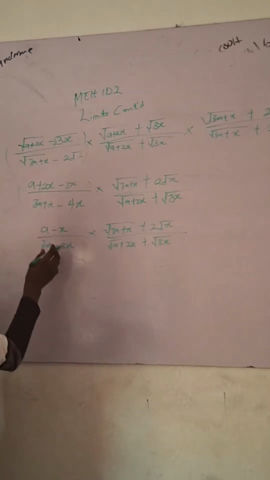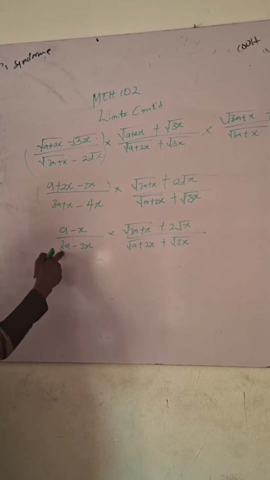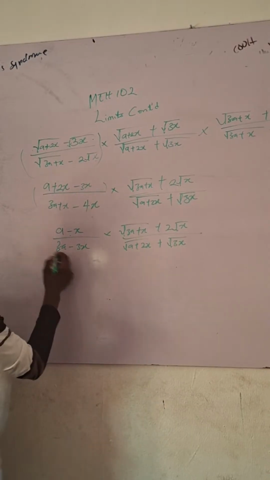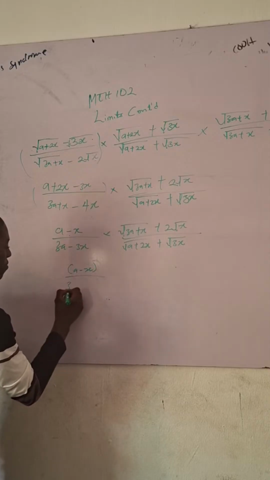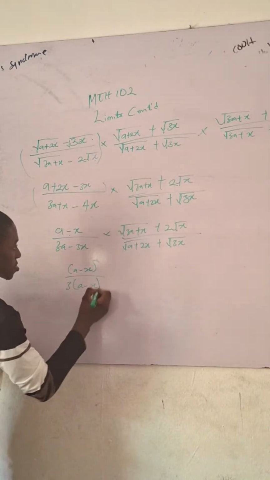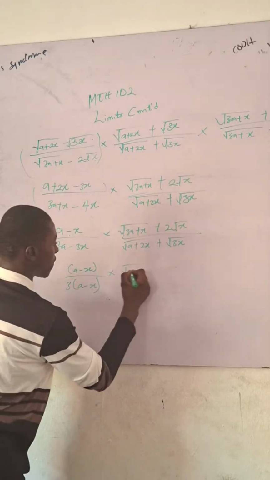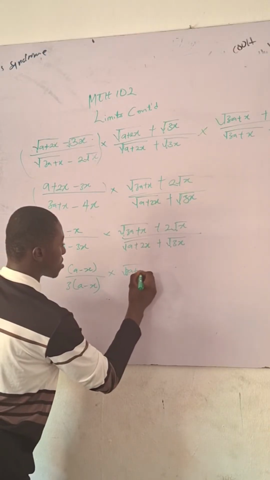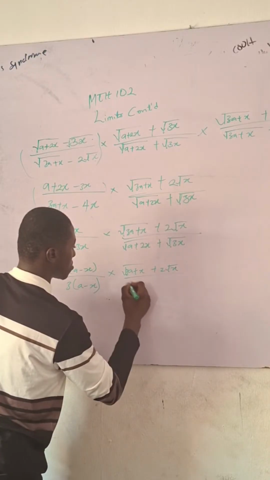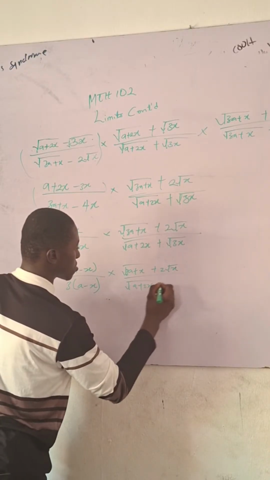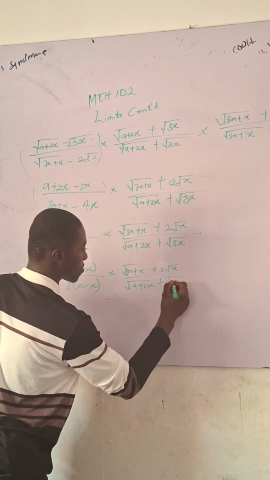So now, from here, I can factor out 3 to get this. So from here, I'll have a minus x over 3 into bracket a minus x times square root of 3a plus x plus 2 root x over root of a plus 2x plus square root of 3x.